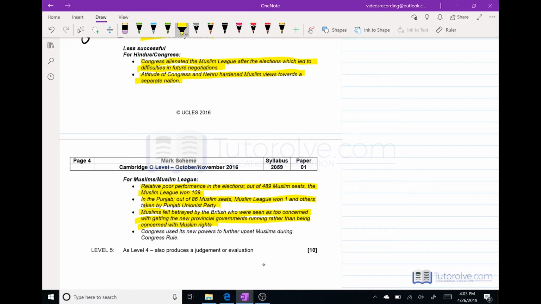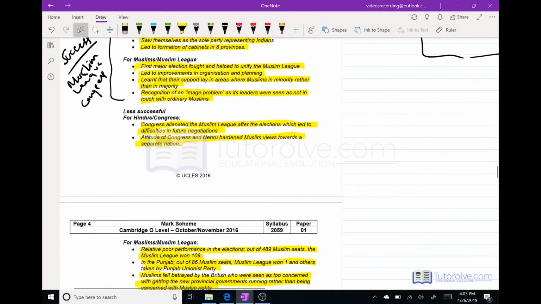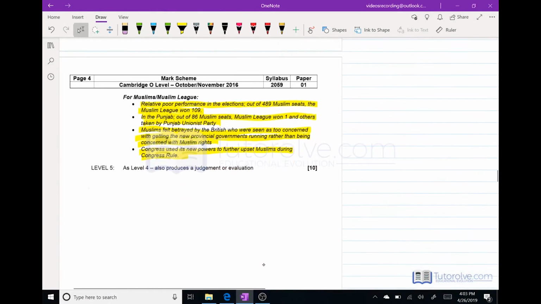And then another reason was that once Congress finally got its dominance, they started to use their own power to further upset Muslims during their rule. So this entire thing is the complete answer for a 7 to 10 mark question.